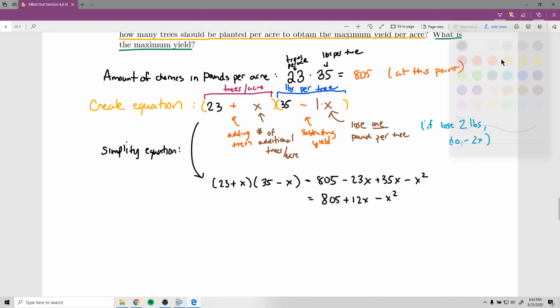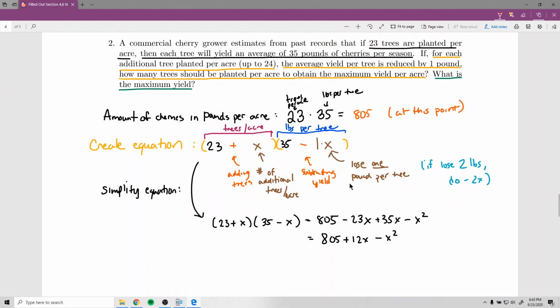Right, so this is the equation that we want to maximize. Right, this is the amount of cherries in pounds per acre, and we want to maximize this. In order to maximize this, this is pretty much going to be the long step of this one, figuring out the equation.